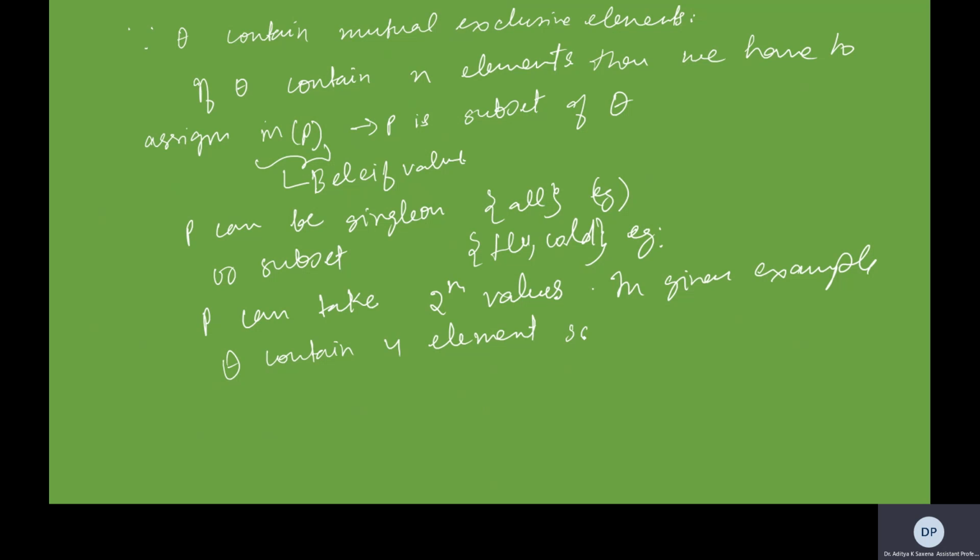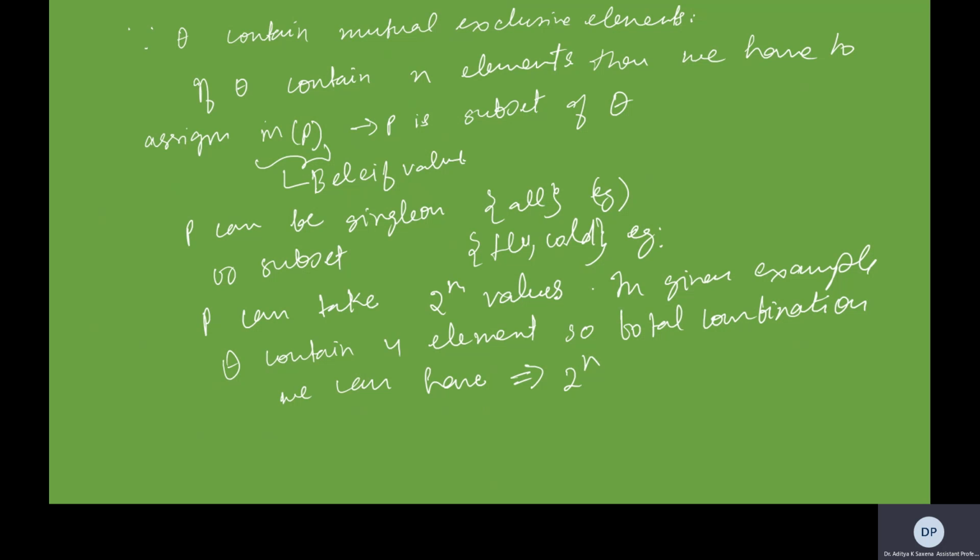So the total combinations we can have equals 2 raised to power n. Now you must question whether the doctor will assign values to all the combinations, like the empty set, all the four singleton sets, then combinations of two, then three, and lastly the combination of four sets.